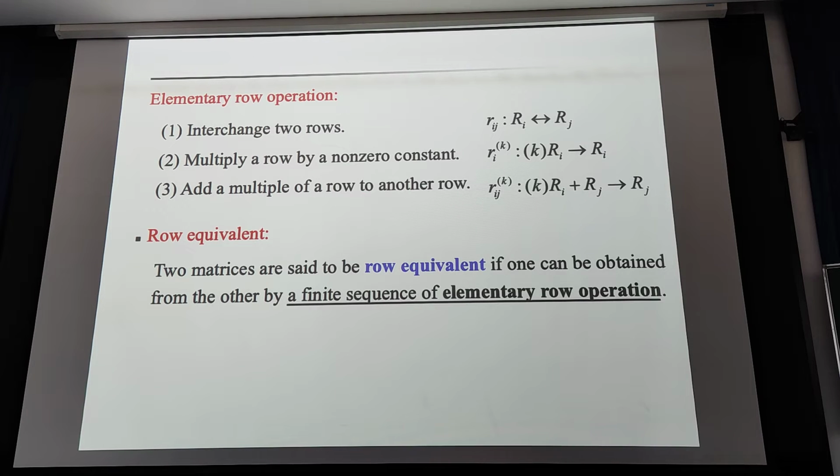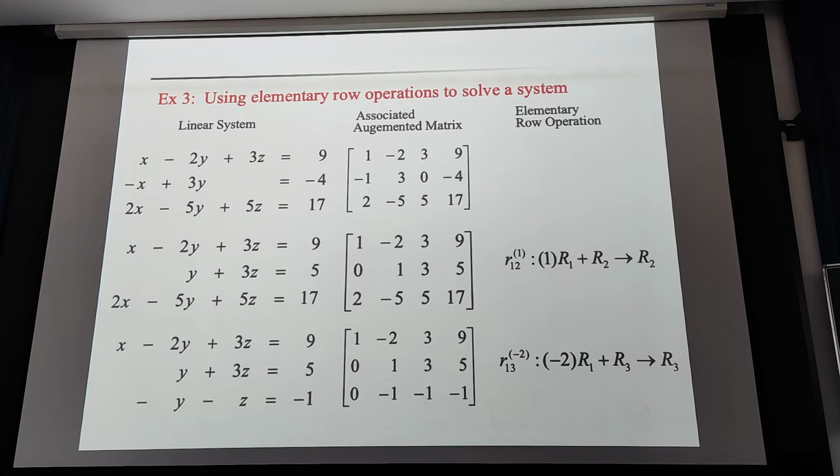It is here. In the last class, we had a lot of examples to see how we can apply those operations. Then two matrices are considered to be row equivalent if one matrix can be obtained from the other by applying a finite sequence of those operations. Now, the next slide shows you how we can use matrices to simplify writing the procedure to solve a system of linear equations.